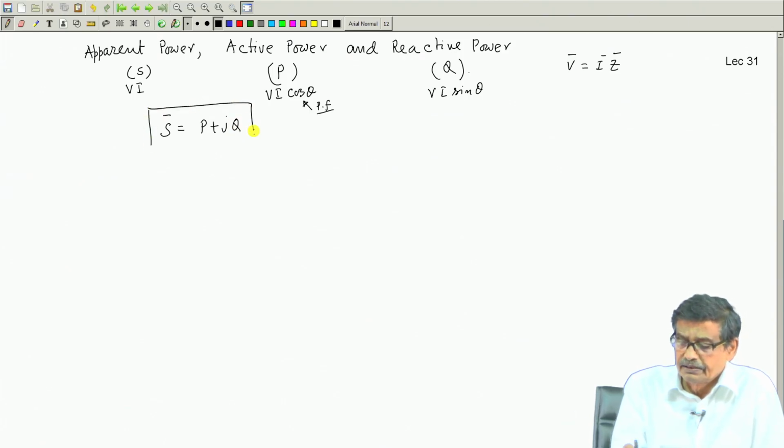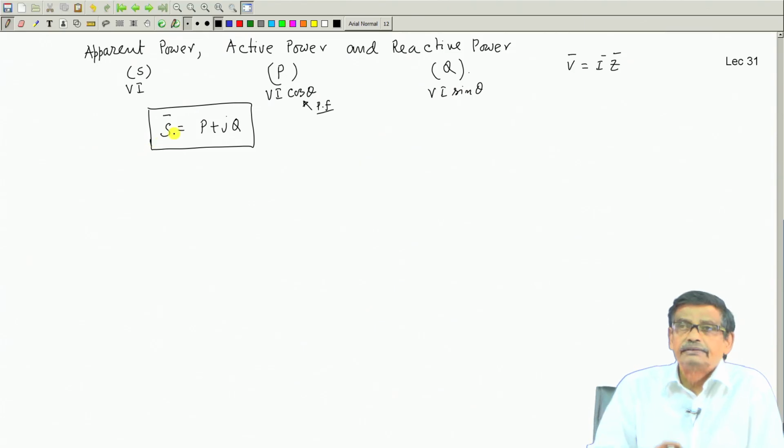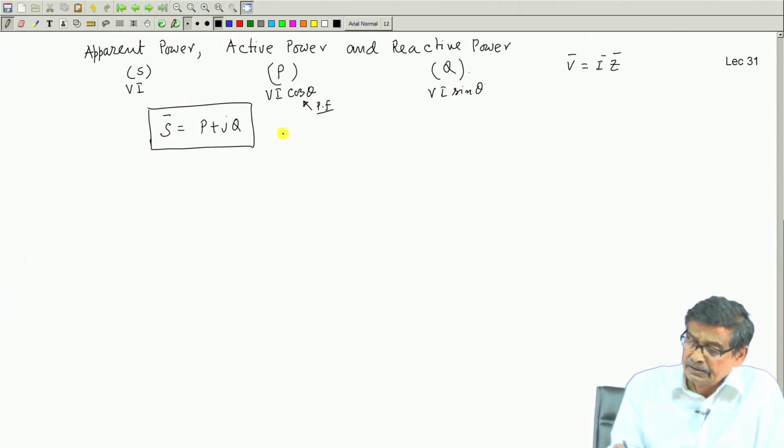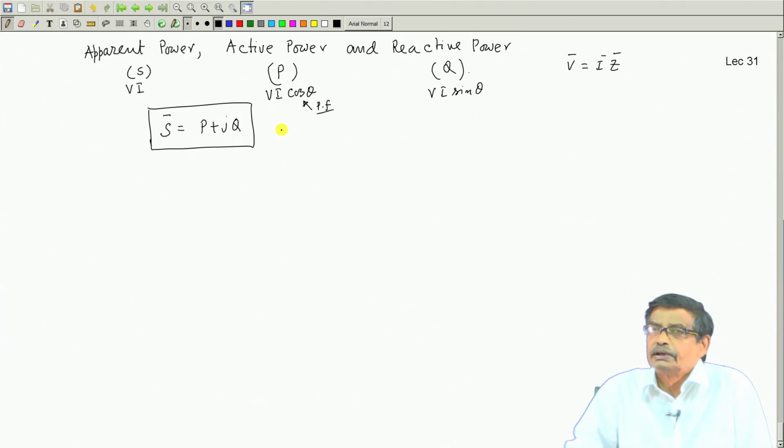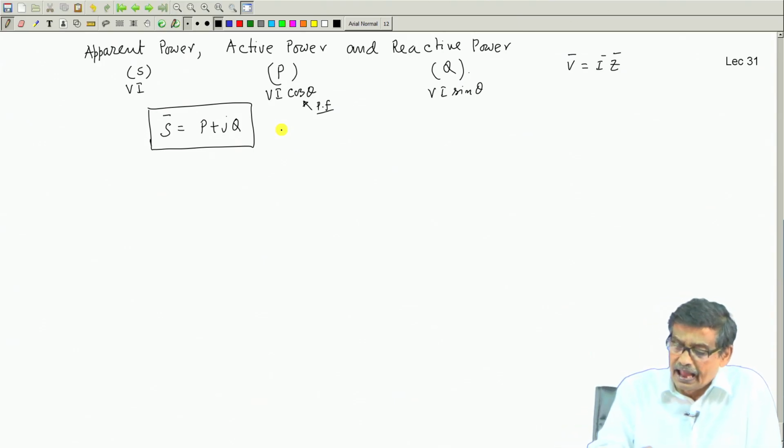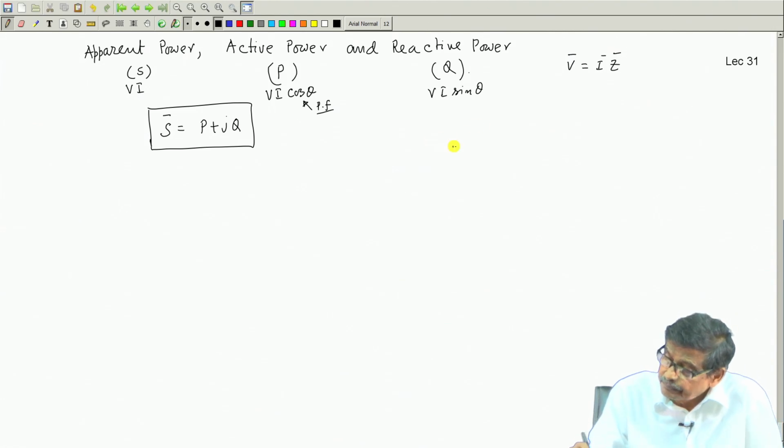We can define a variable S, which is the total power drawn by the circuit, including the active and reactive parts.